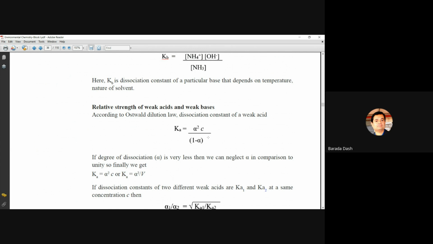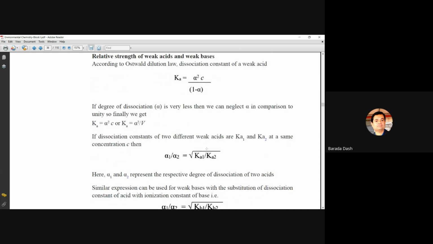Next, the relative strength of weak acids and weak bases. From Ostwald's dilution law we can find Ka, the dissociation constant, which equals alpha squared C divided by 1 minus alpha, where alpha is the degree of dissociation.